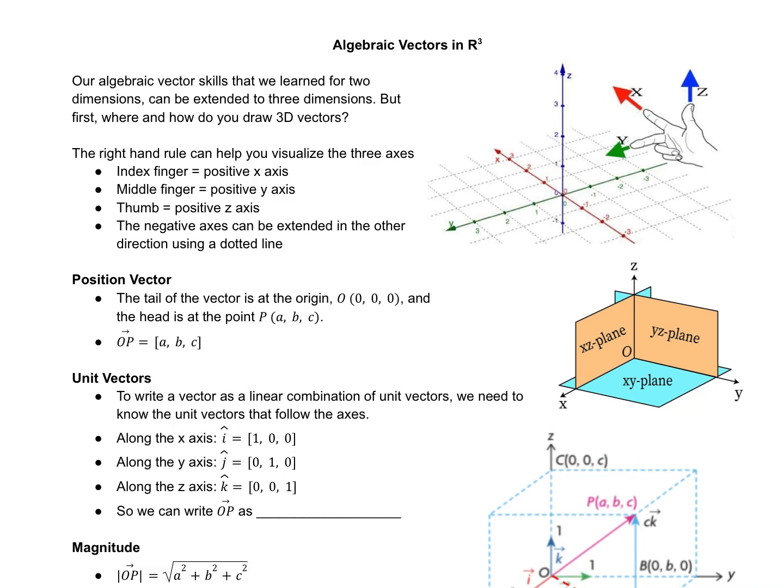In this video, we will be looking at algebraic vectors in 3D. All of the operations that you should already know regarding algebraic vectors, like writing the algebraic vector with components, with unit vectors, finding the magnitude, adding, subtracting algebraic vectors, or multiplying by a scalar, all of those rules are the exact same for algebraic vectors in 3D.